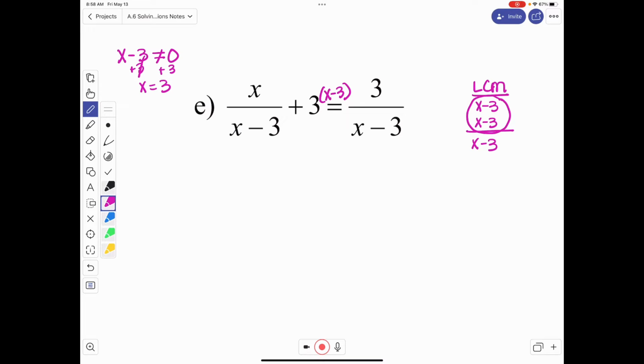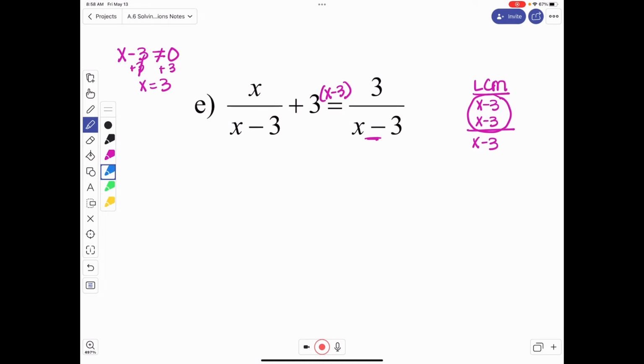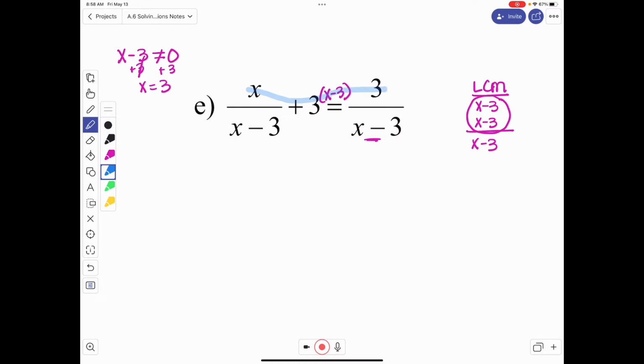Then my last part of the fraction has the x minus 3 on the bottom, so it's not missing anything, and I don't have to multiply by it. So now I've got everything set up, and I'm only really worried about the top part, because I've set it up that way.